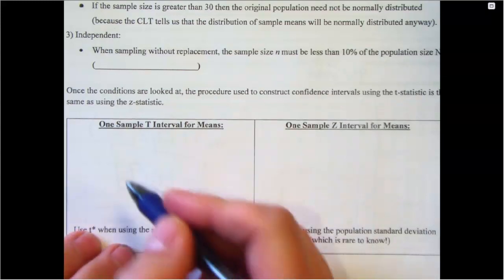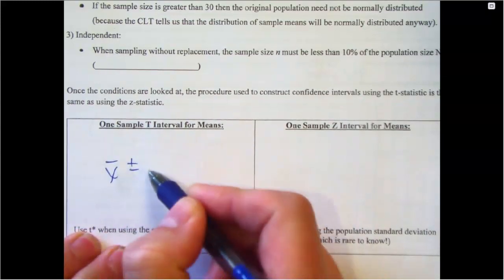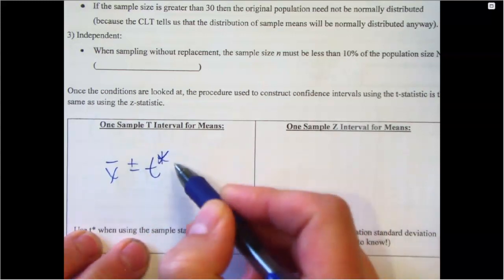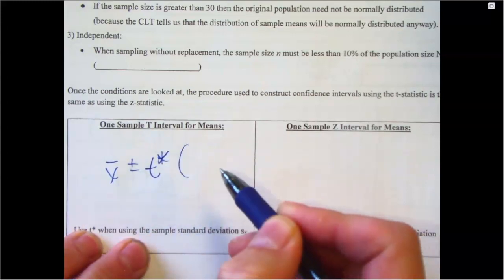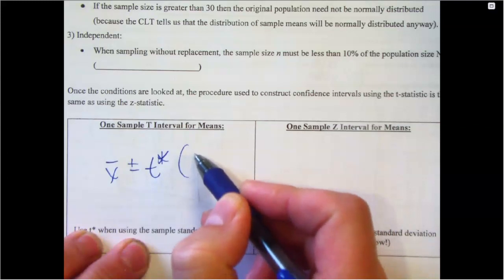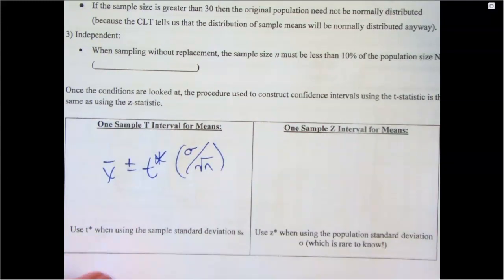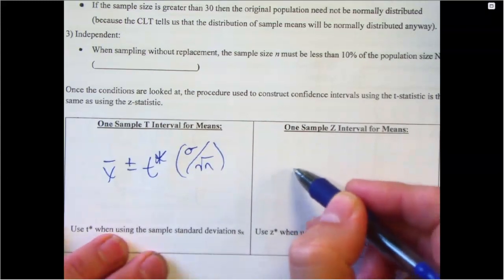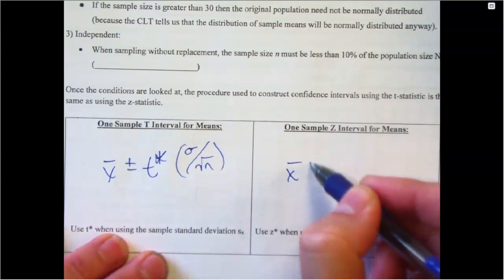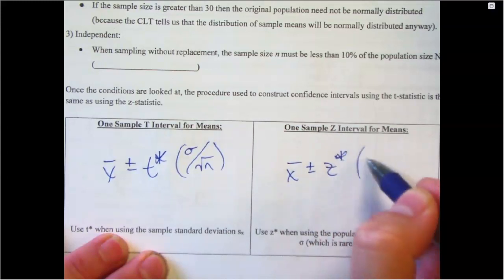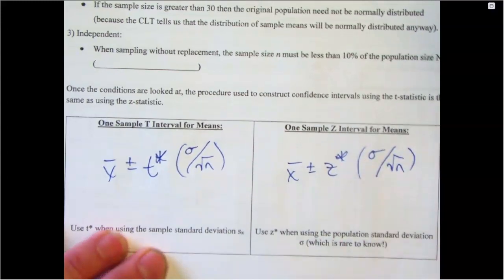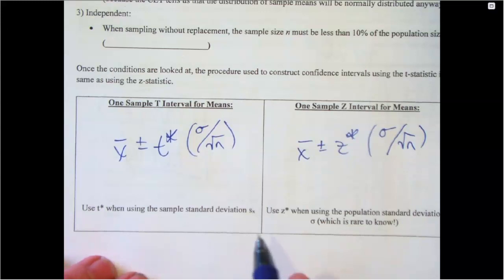One sample t interval for means is going to be x bar plus or minus t star times the standard deviation divided by the square root of n. And then the z interval would be x bar plus or minus z star times the standard deviation over the square root of n.